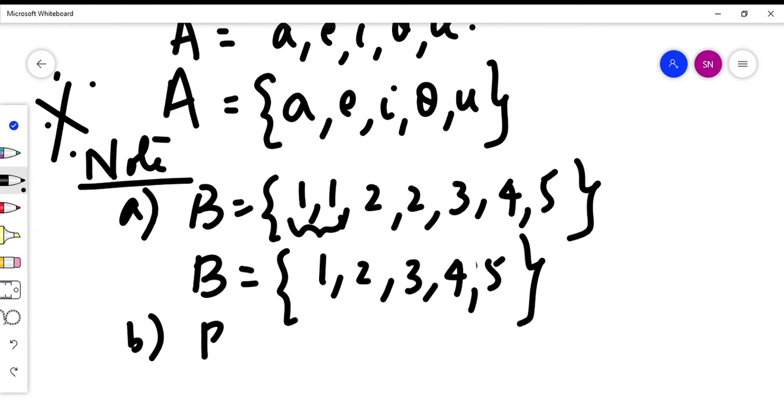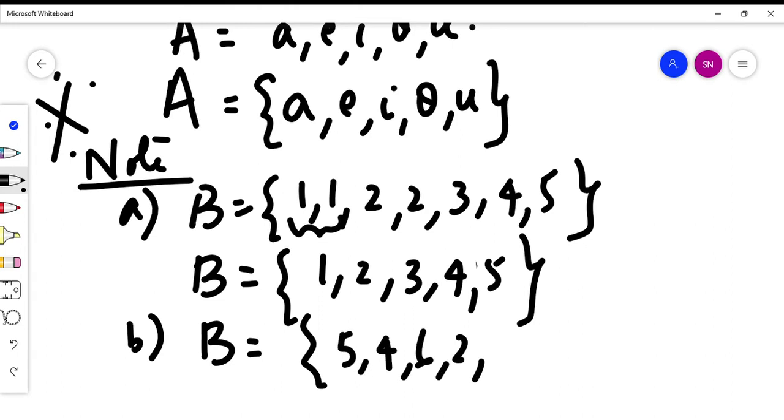If I write set B, for example, as {5, 4, 3, 2, 1}, or something jumbled, here I have numbers in a jumbled format. I'm really not interested in the order. Order is nothing but numbers one after the other. It's just that all the elements should be present.